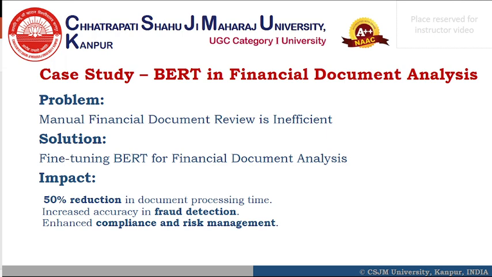Then, fine-tuning BERT is applied. How? They adapted Google's BERT model to recognize financial terminology, legal clauses, and risk factors. Then they used supervised learning to improve accuracy in extracting critical insights from financial text.